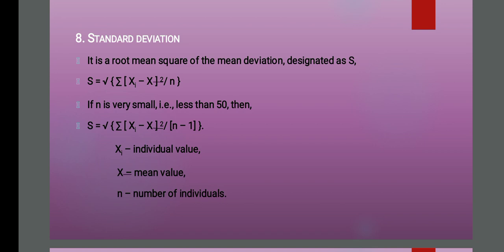So the formula can be modified: standard deviation is equal to the square root of the sum of xi minus x bar the whole square, divided by n minus 1. This is the formula for standard deviation.